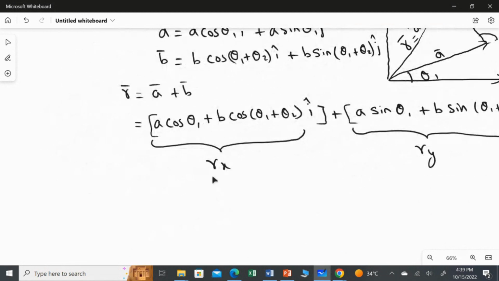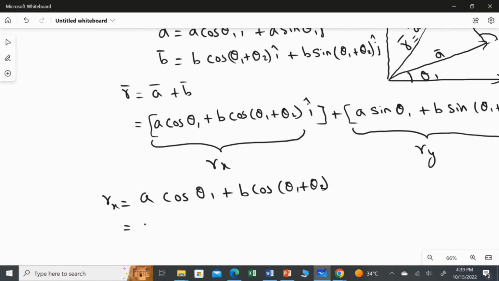Now we have to find the value of Rx using this relation. Rx, the x component of the resultant vector, is equal to A cosine theta 1 plus B cosine of (theta 1 plus theta 2). Substitute the values.